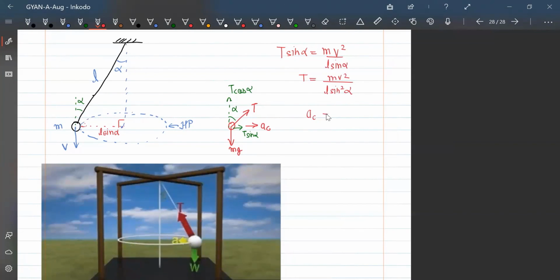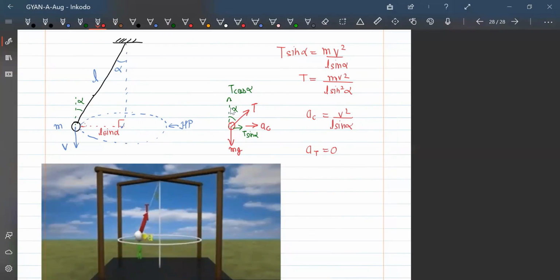Centripetal acceleration कितना हो जाएगा? Tangential is 0. V square by L sin alpha.